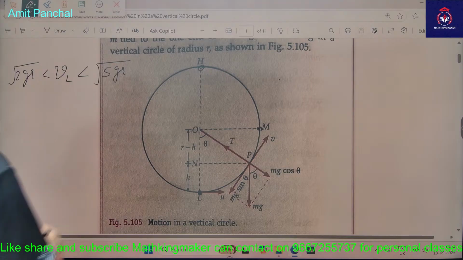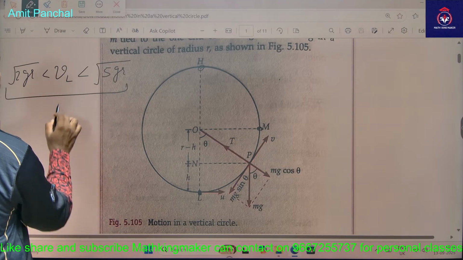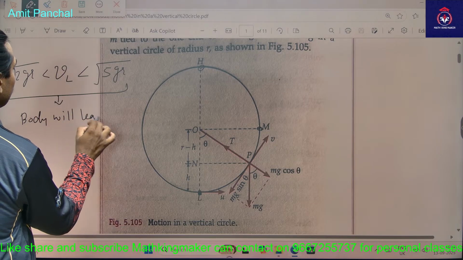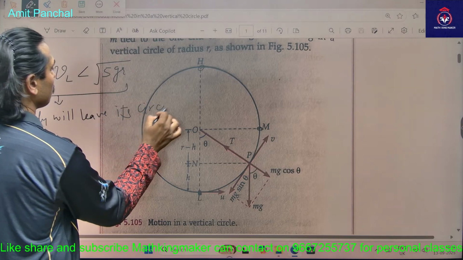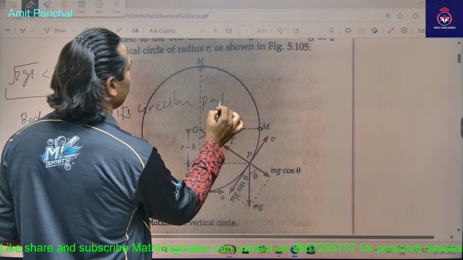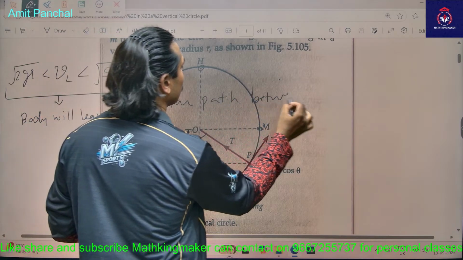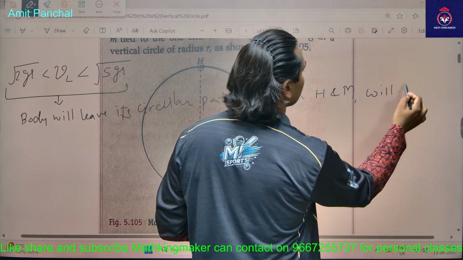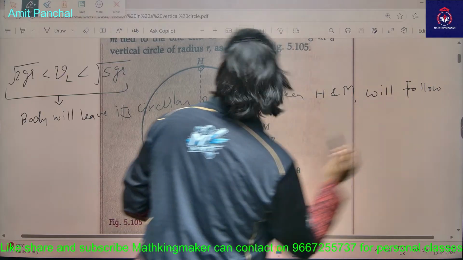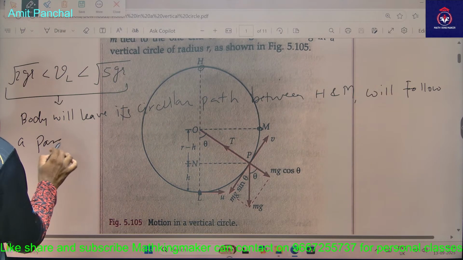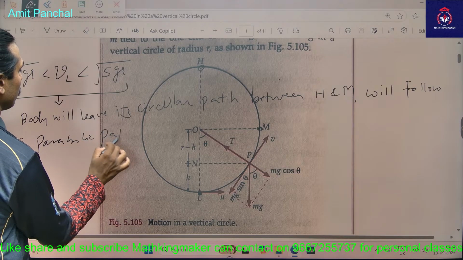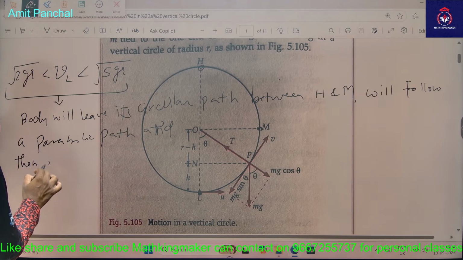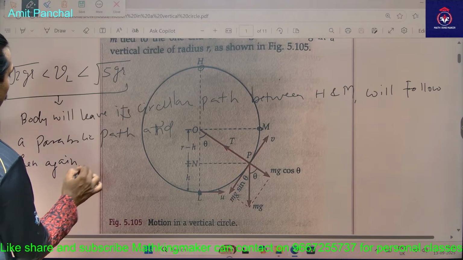So this is the condition in which the body will leave its circular path between h and m, follow a parabolic path, and then again a circular path.